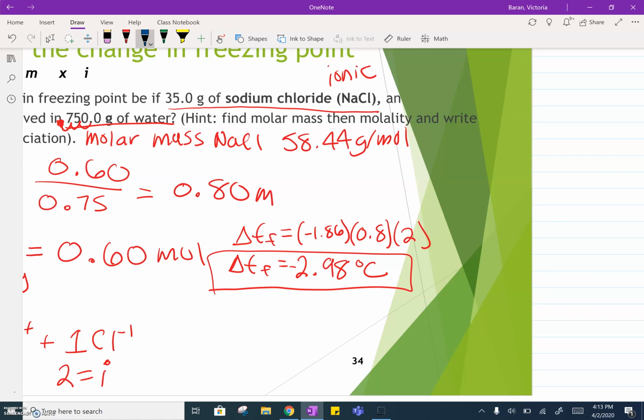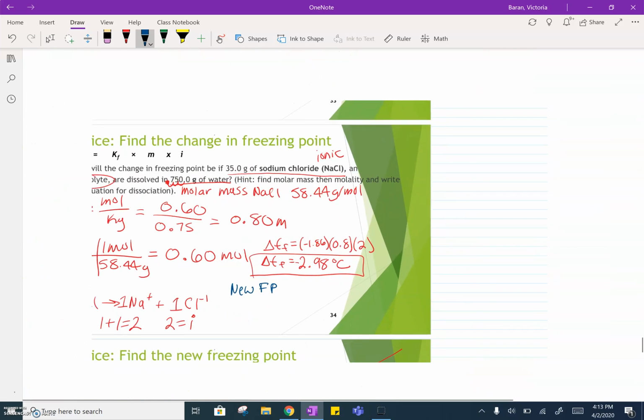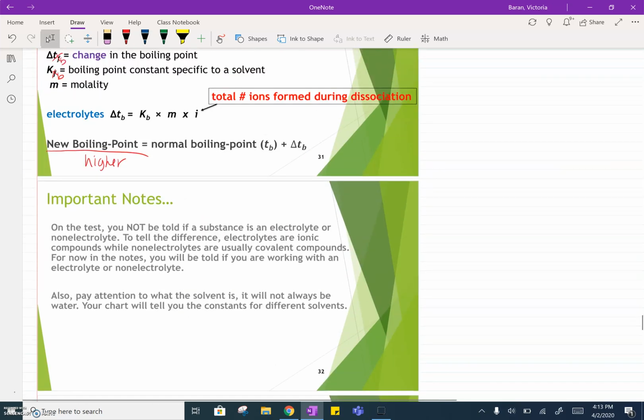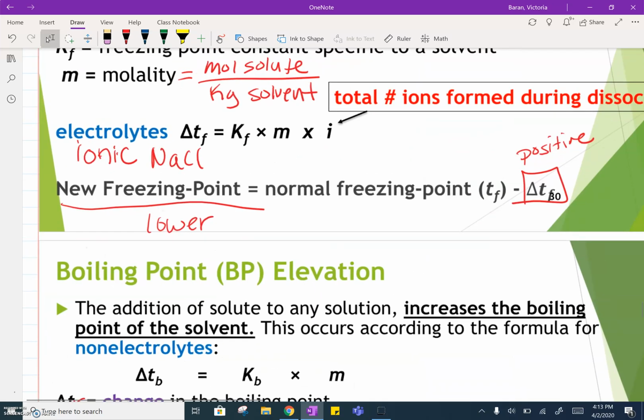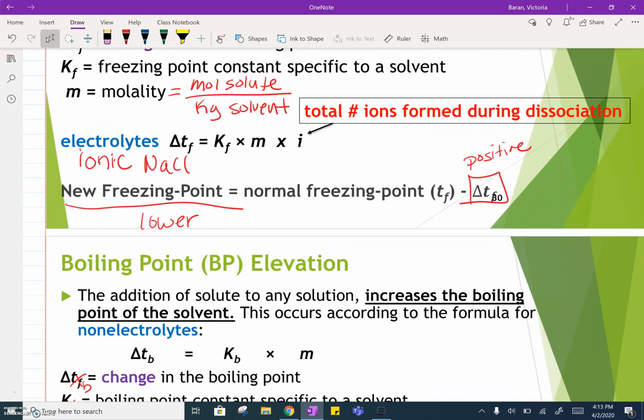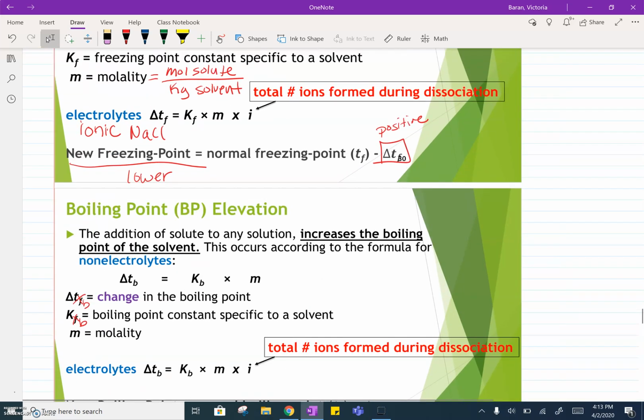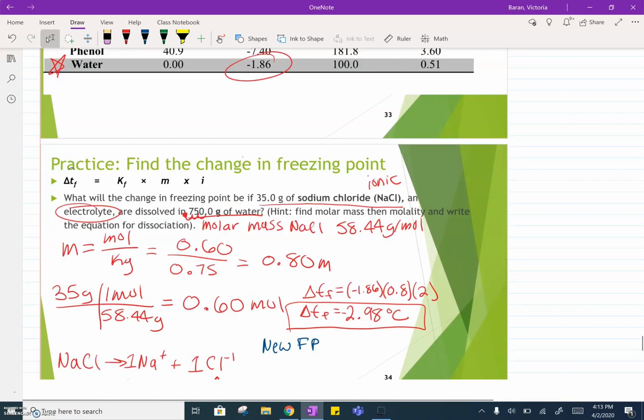So if you're dealing with water and you're trying to find the new freezing point, it's actually pretty straightforward. The new freezing point, this equation is on this slide right here, you find by taking the normal freezing point minus the change in freezing point, making sure that is a positive value.